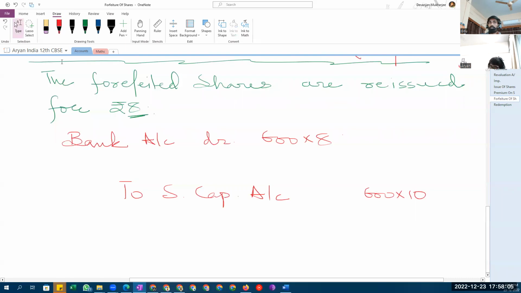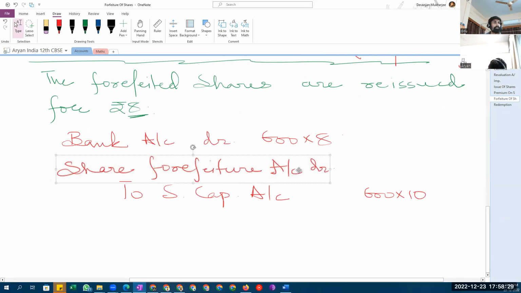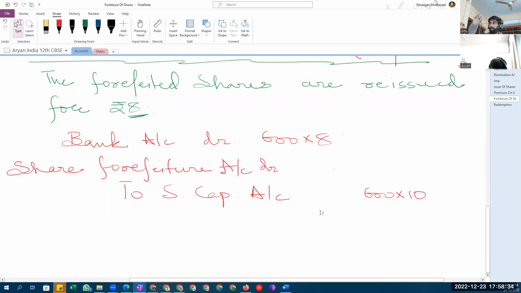So then within that, the difference will be covered by the share forfeiture account. That difference will be covered by the share forfeiture account, which will act as a sort of provision in that sense, from where we are taking out money in order to cover that loss of discount.